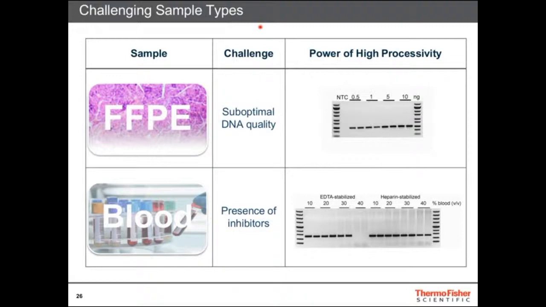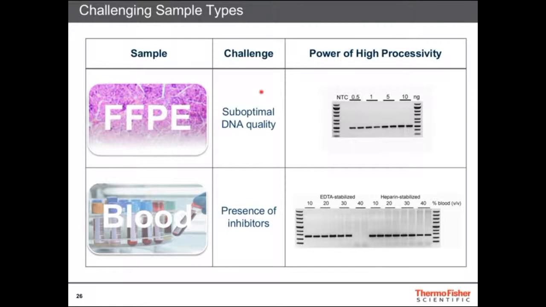When we discussed inhibition, we also wanted to talk about sample type and test the effects of the processing of samples in our PCR. One common area of work is formalin-fixed paraffin-embedded samples, or FFPE samples, because the process of FFPE treatment of tissues is very harmful to the DNA in that sample due to all of the heating and chemical treatments that take place.